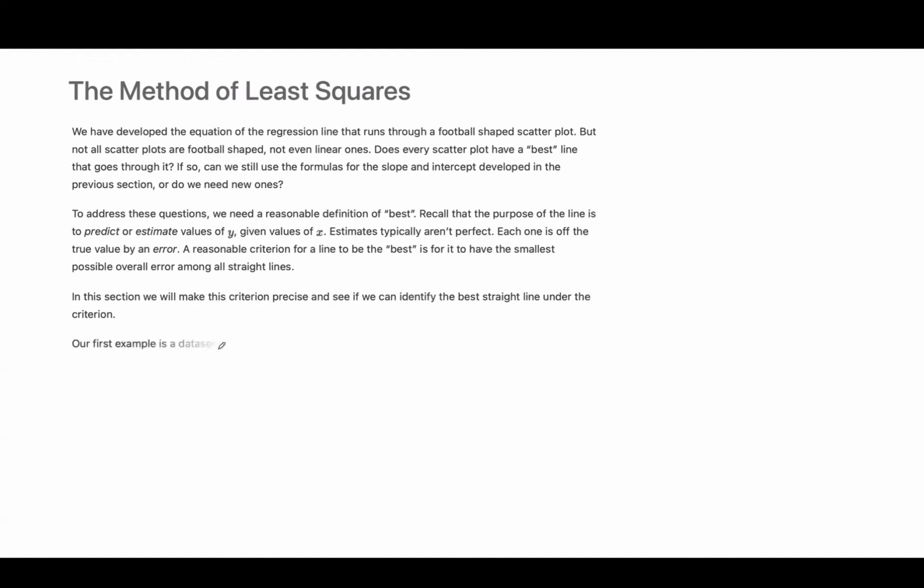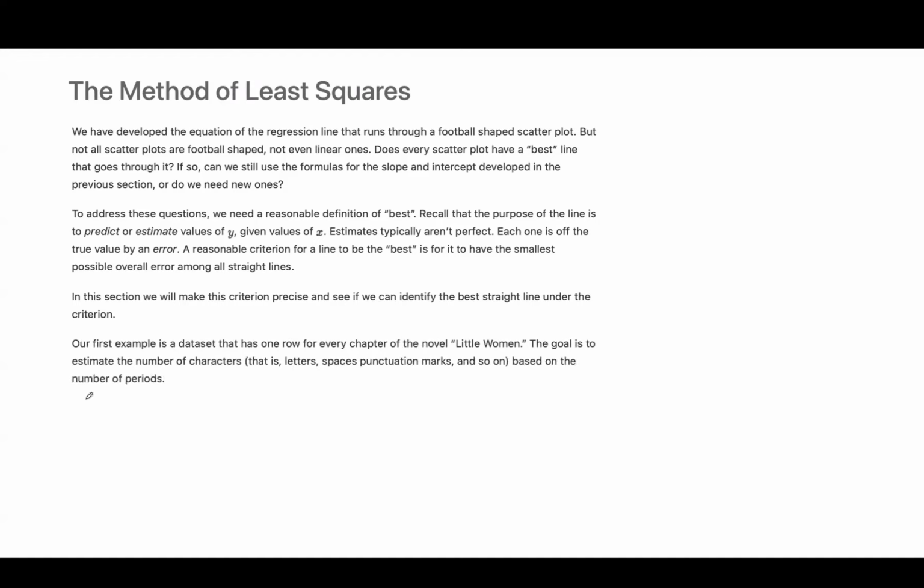In this section, we'll make this criterion precise and see if we can identify the best straight line under the criterion. Our first example is a data set that has one row for every chapter of the novel Little Women. The goal is to estimate the number of characters, that is letters, spaces, punctuation marks, and so on, based on the number of periods.